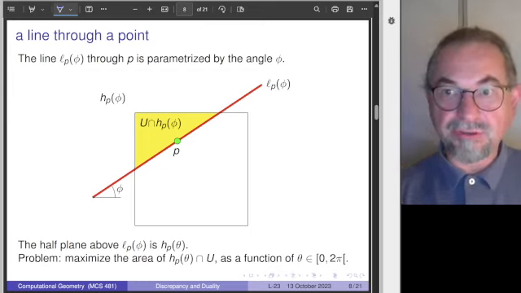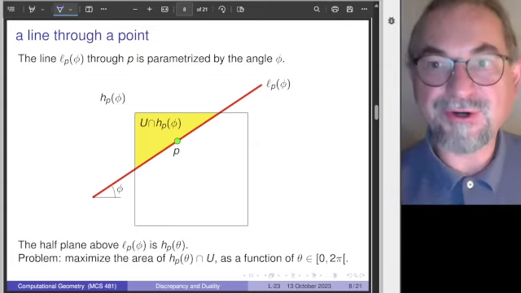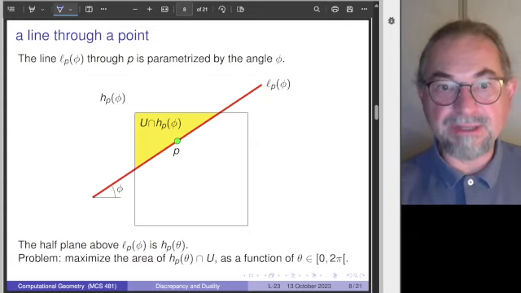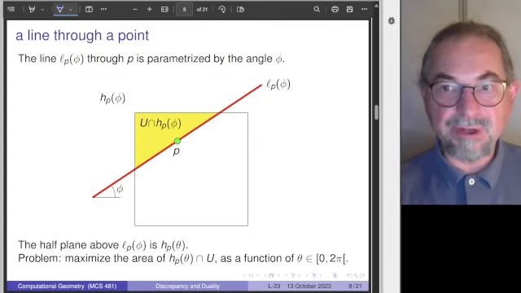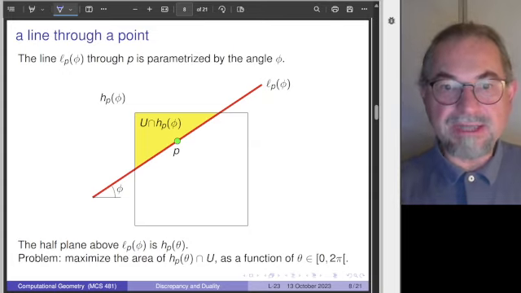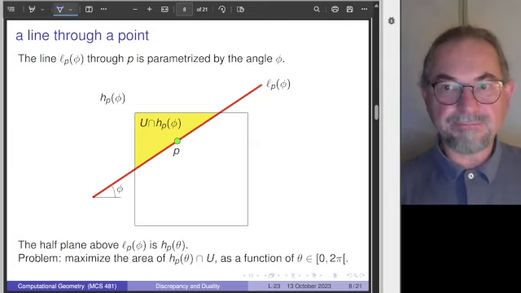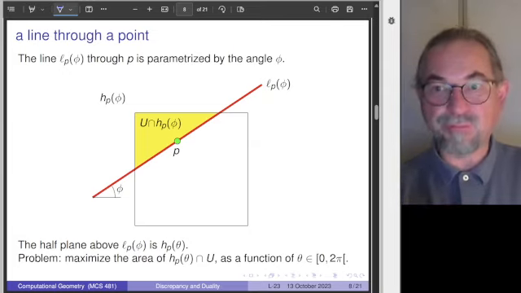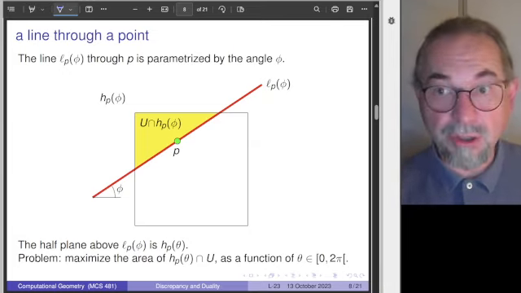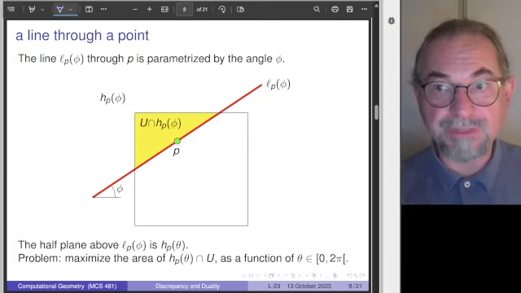If we have only one point on the boundary of the half plane, then we can look at a parameterized problem. We can look at the optimum of all the areas that we can get as a function of this angle theta here. So even if we have only one point and this boundary is not really uniquely defined, we can turn it into a problem that has a unique answer.